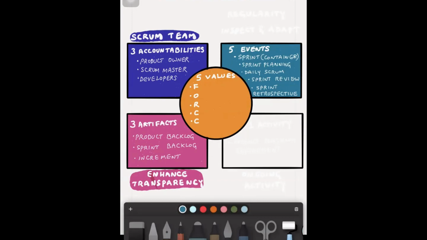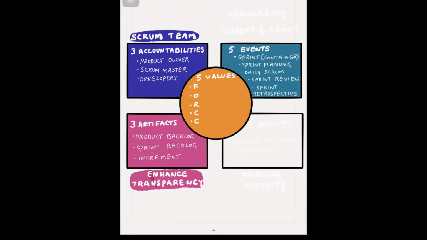Within the sprint, on the first day, sprint planning. Every day, daily scrum. On the last day, sprint review, followed by sprint retrospective. These are called the 5 events of Scrum. The primary purpose of these events is to create regularity.